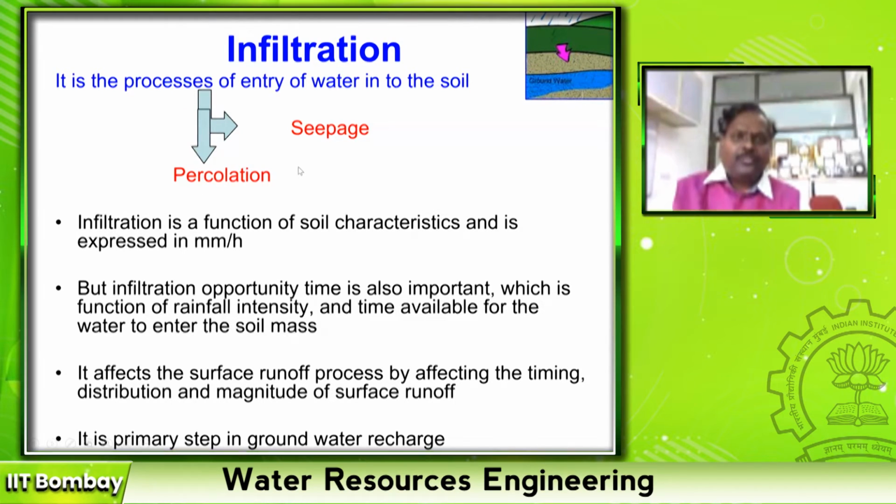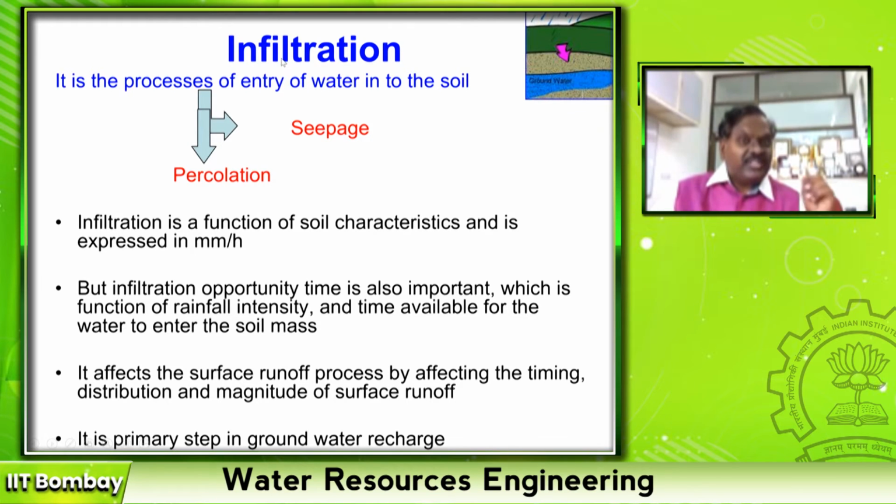So now we are going to see this infiltration, because for a water resources engineer, I'm not bothered whether water takes the percolation path or the seepage path. For a water resource engineer, the volume of water which has entered into the soil is not going to reach my reservoir. So that is why it is classified as a loss, but actually it is not a loss.